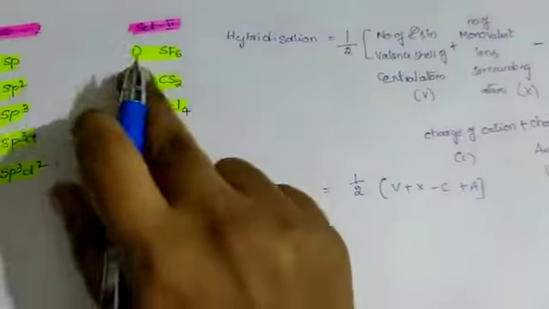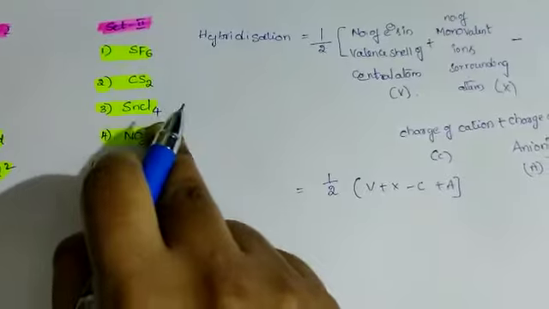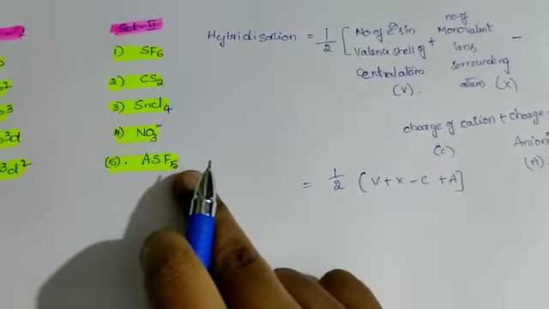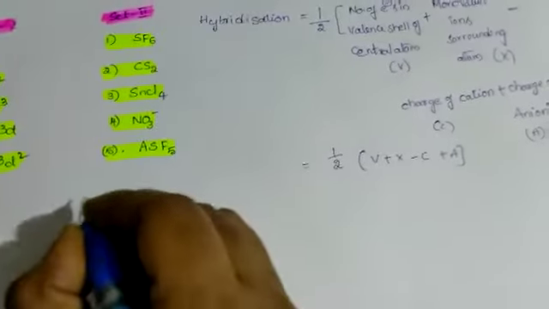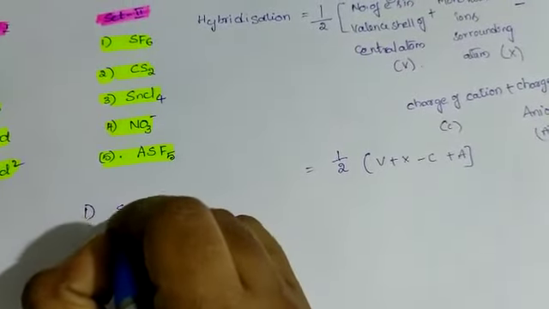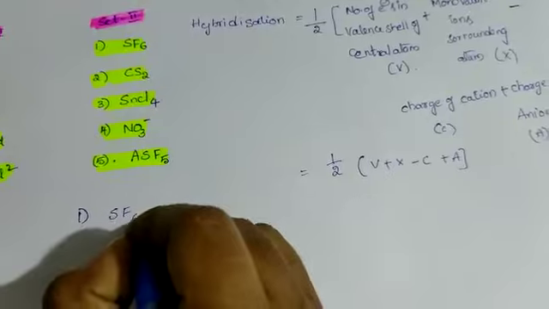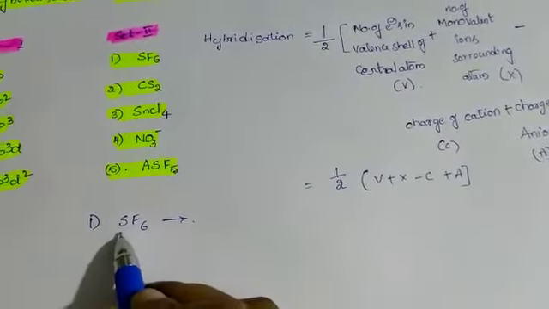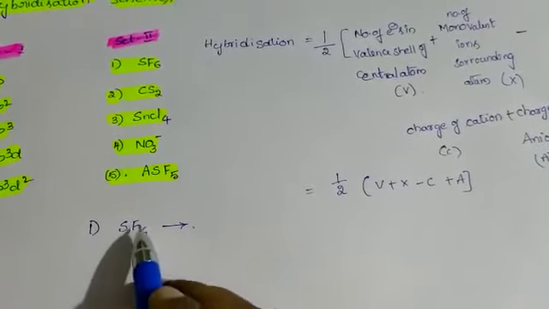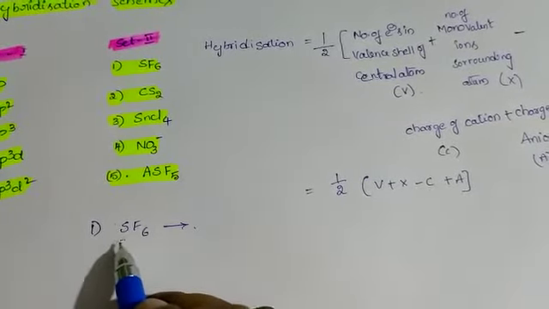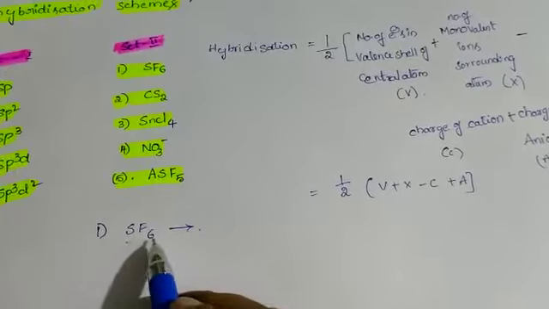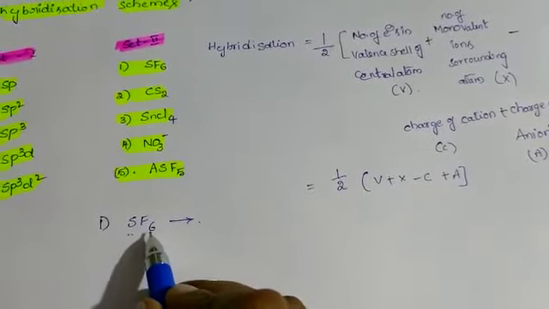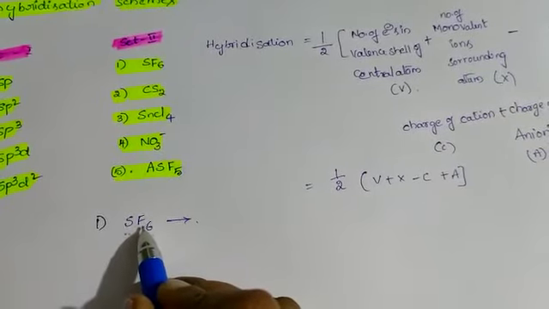Now the given molecules are SF6, CS2, SnCl4, NO3 minus, AsF5. First we calculate SF6. In SF6, the central atom is sulfur and the fluorine atoms are surrounding the central atom. There are 6 fluorine atoms, and fluorine is a monovalent atom.